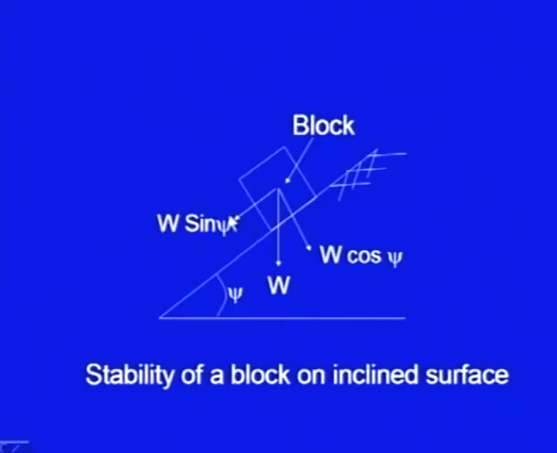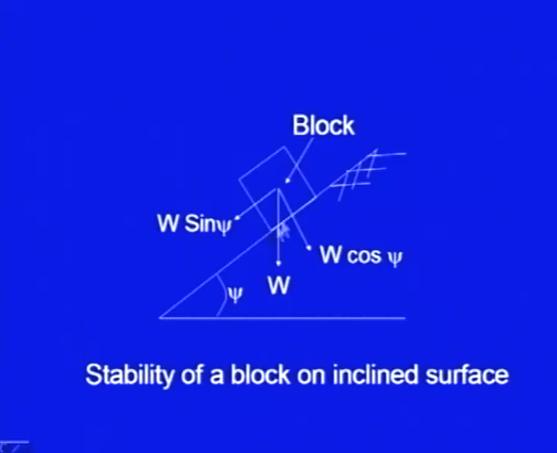If this component is small, the mobilized frictional force will be small, it will be equal to this, and the block will remain stable. So, what I want to say is, for smaller psi value, there will be smaller actuating force and there will be some mobilized frictional resistance which will develop here, equal to this much, and the block will remain stable.